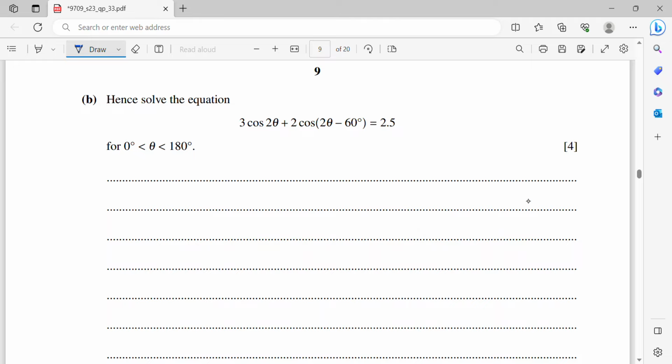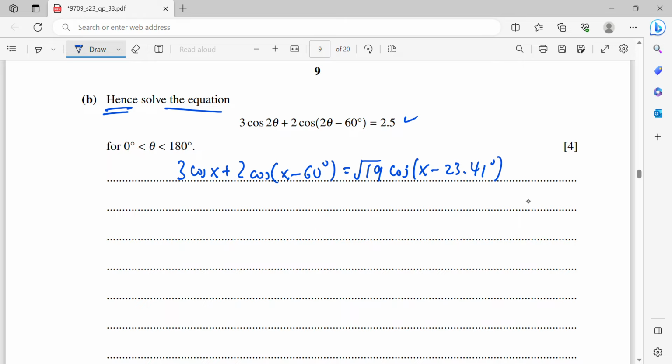Okay, now B. Hence means use the previous answer. Solve the equation. So just now, you were given 3 cos x plus 2 cos(x minus 60 degrees) equals square root 19 cos(x minus 23.41 degrees).